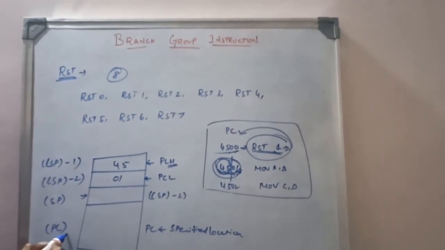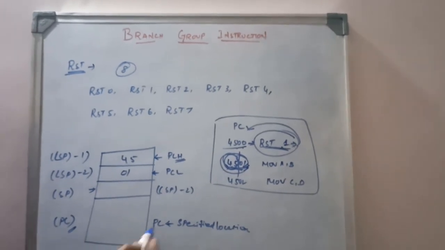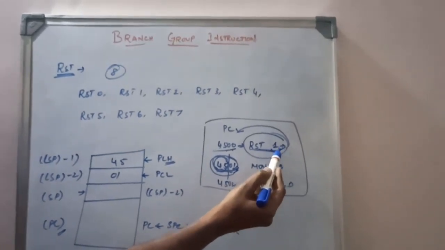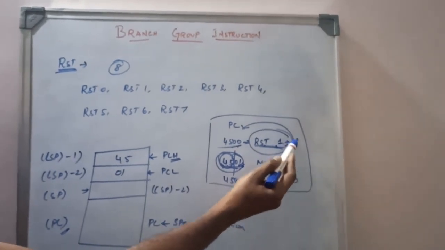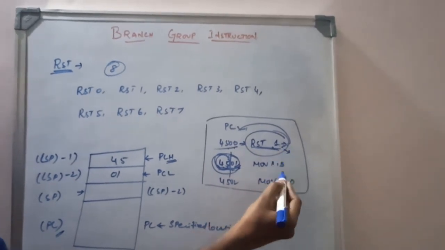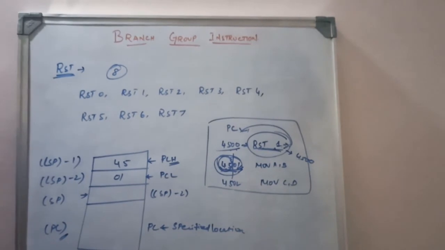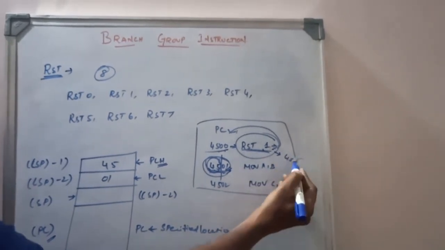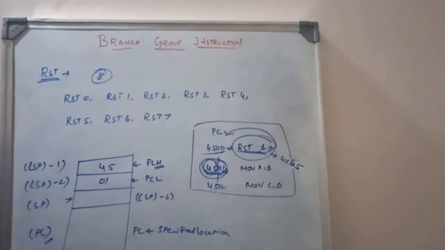Now the program counter's new value: what value is updated here? The specified location of RST 1, the vector location, is moved to the program counter. For example, I am considering the vector value to be 4565.